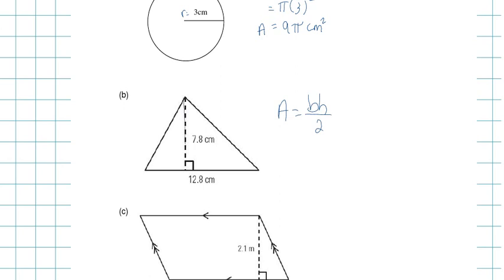So in this case, this is your height, which is 7.8, right? We know this is the height because that's perpendicular to the base. That means this whole thing is my base. So it's as easy as plugging in all the information in the formula. So you will have 7.8 times 12.8 divided by 2.